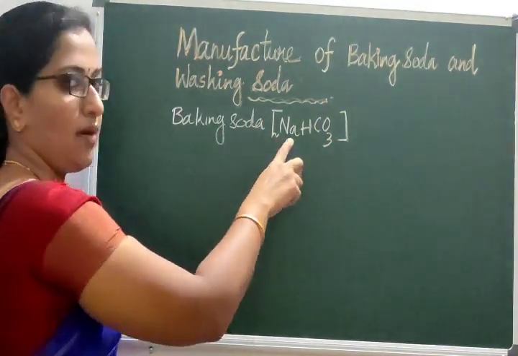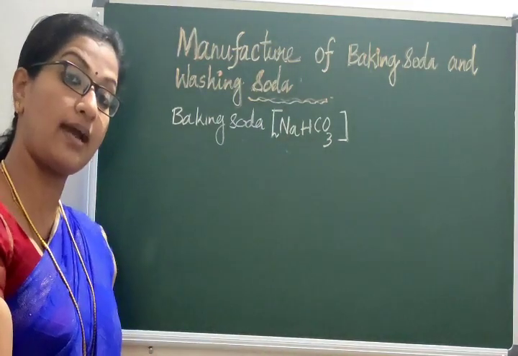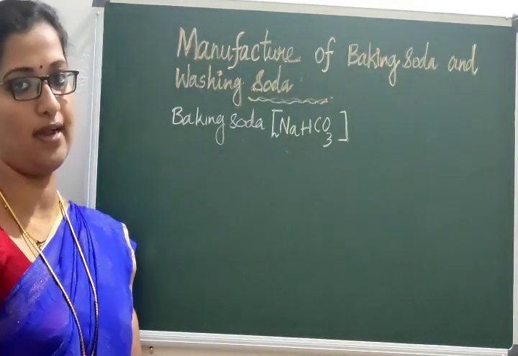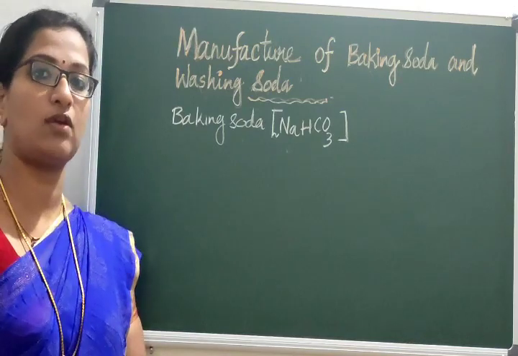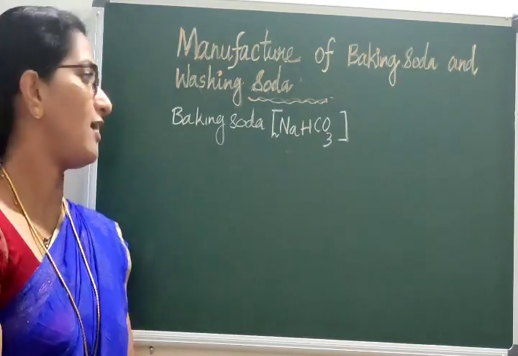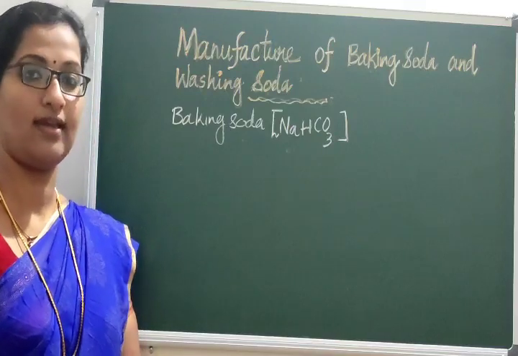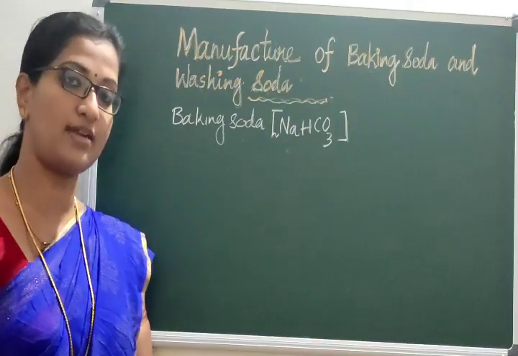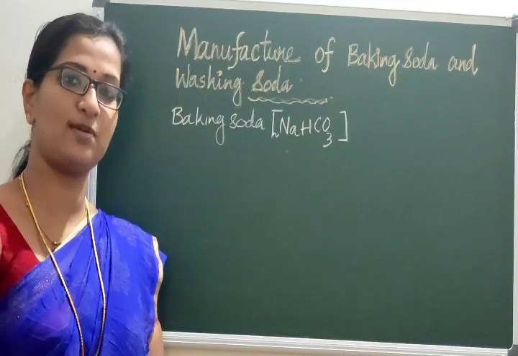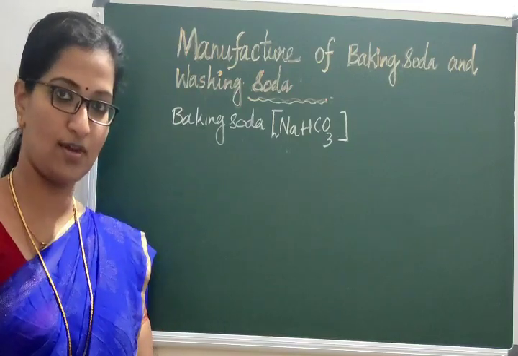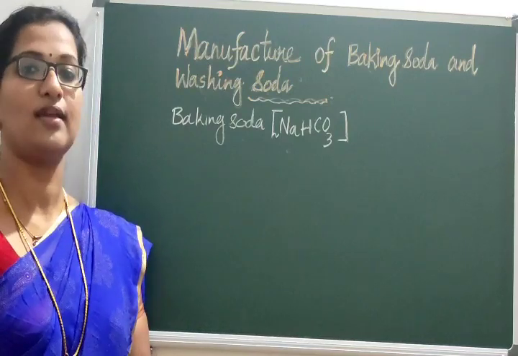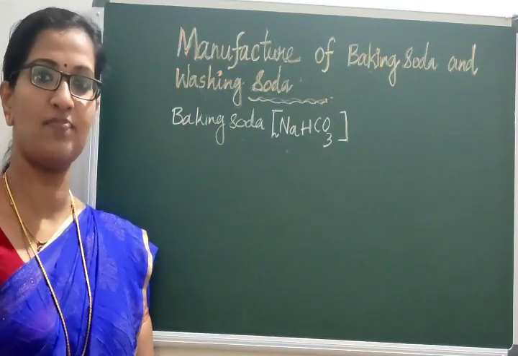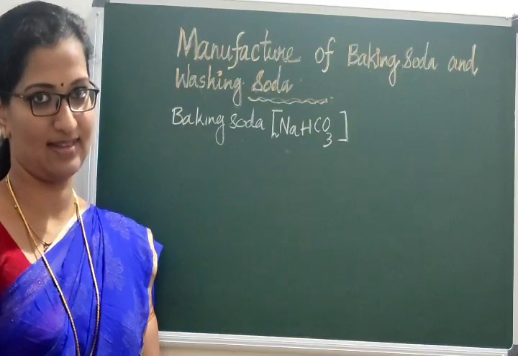So what are the materials required for the preparation of baking soda? We need the same brine solution. What is brine solution? The aqueous solution of sodium chloride. Along with brine solution, you need ammonia gas and carbon dioxide gas.